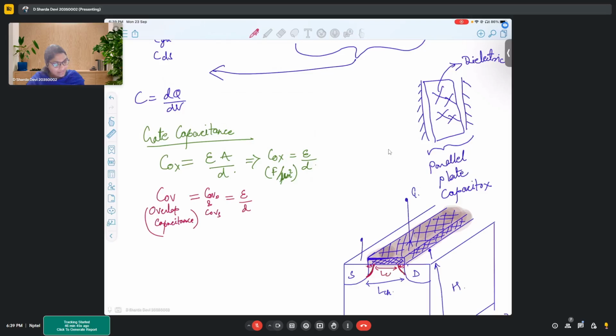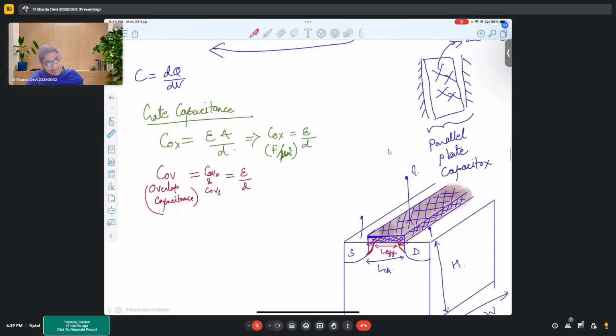So this is L effective. This is the actual gate length of your particular device, right? Because the channel is formed at the surface. It's very thin, so that particular cross section only should be considered. So yeah, these are a category of capacitances. We call them gate capacitances.